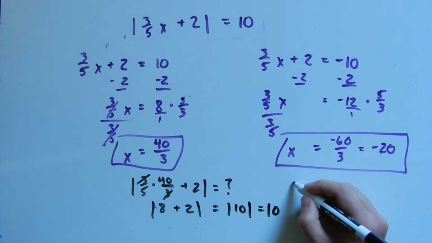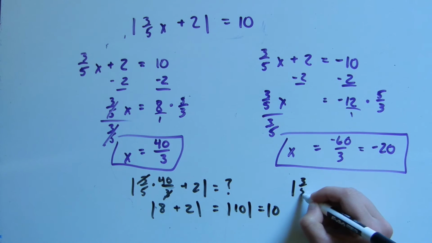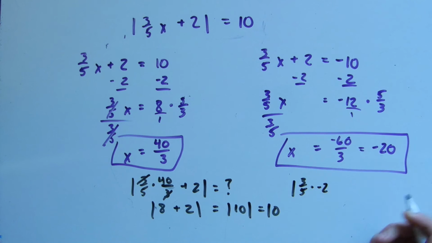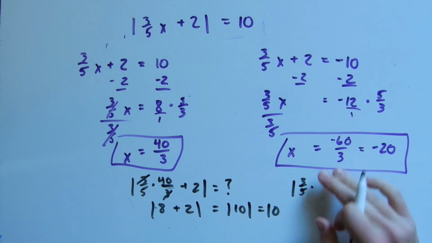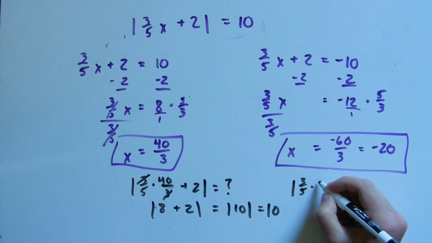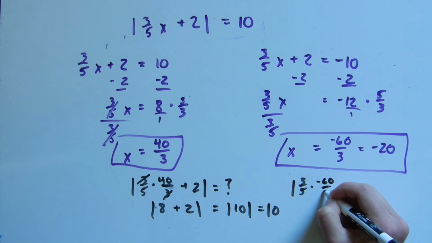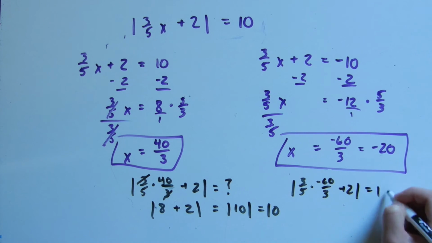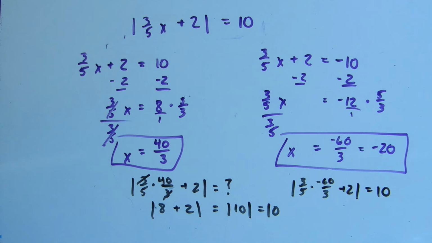For the next one, the absolute value of 3/5 x in this case is negative 20, but I want to leave it in fraction form because it'll be a little bit easier because the 3's will cancel out. Plus 2 equals 10. 3's canceling out. Negative 60 divided by 5 is negative 12.